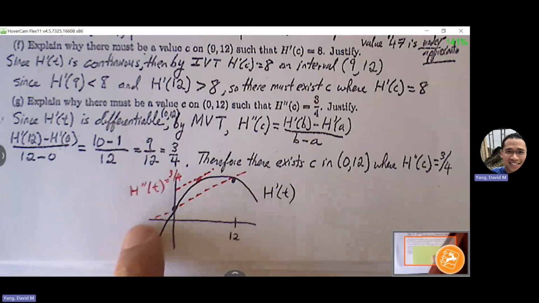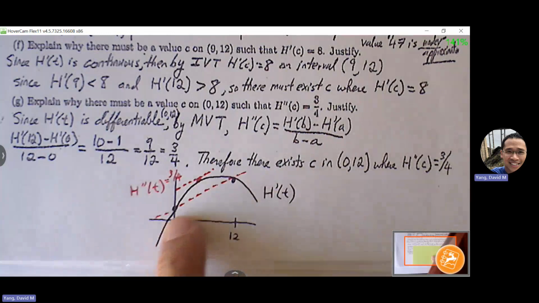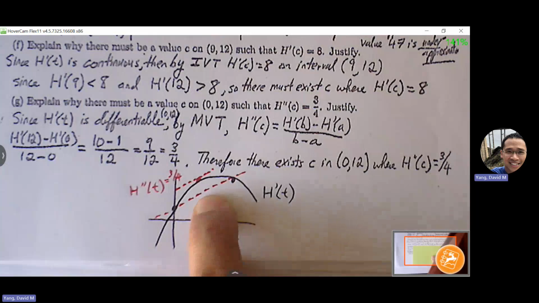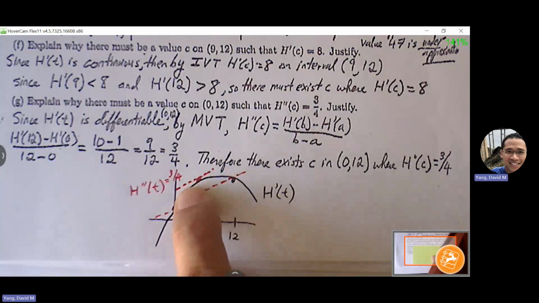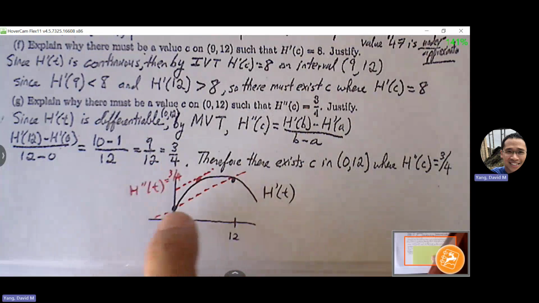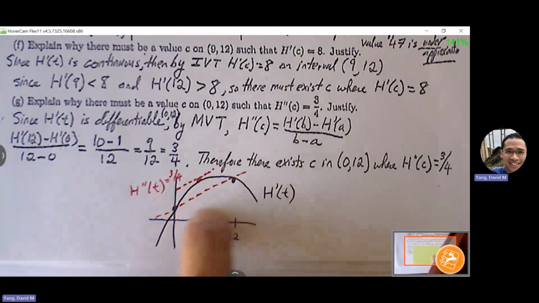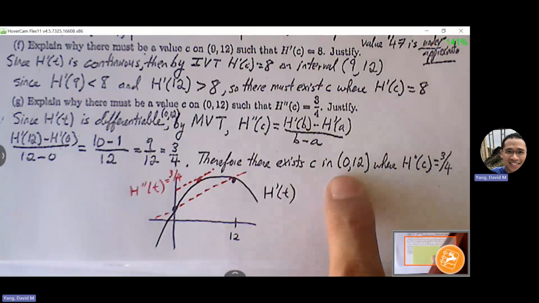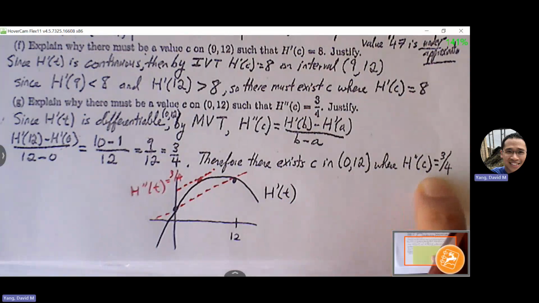Then if the slope of H prime between 0 and 12 is giving me 3/4, then there's no choice but for the graph to experience an exact moment of 3/4 slope along that curve. And we know the function is differentiable, so it's a smooth curve. There's nothing strange happening: no asymptote or hole or sharp turn. So there exists a C on the interval from 0 to 12 where H double prime is equal to 3/4.